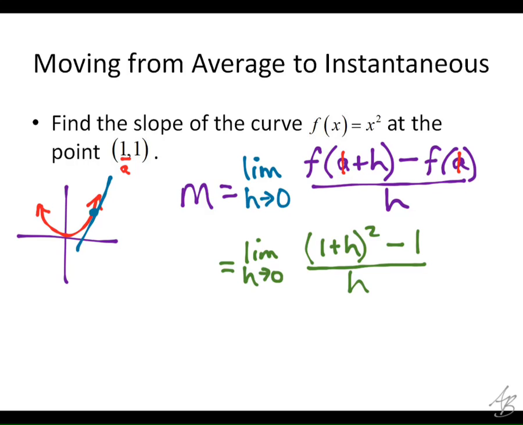Now, if I try direct substitution here, just put a 0 in for h, what's going to happen? We get 1 squared minus 1 is 0 divided by 0. So direct substitution doesn't work, which means that I have to try to manipulate it algebraically. And when I'm doing that manipulation, I can use the fact that h is not equal to 0, because we're taking the limit as h approaches 0.